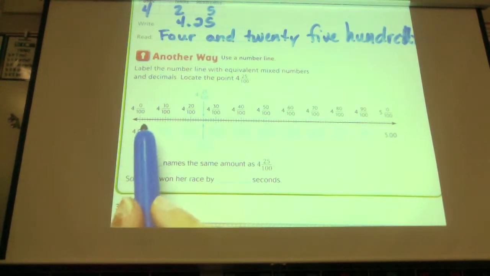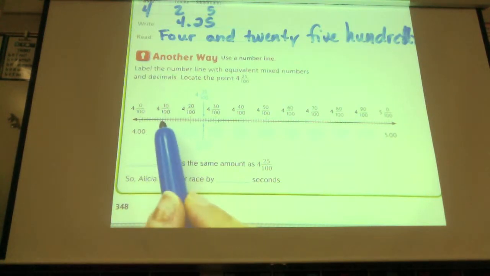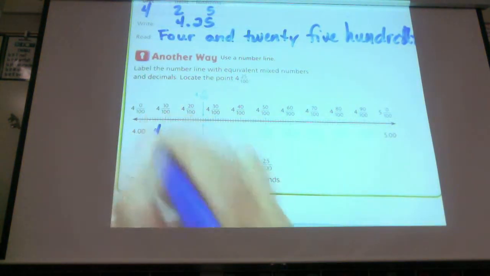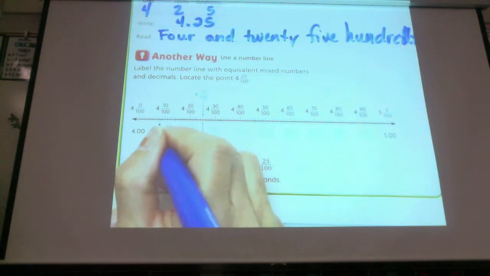Now, if we have 4 and 10/100, who thinks they know what that will look like when I write it down here in decimal form? Lydia. 4 point.